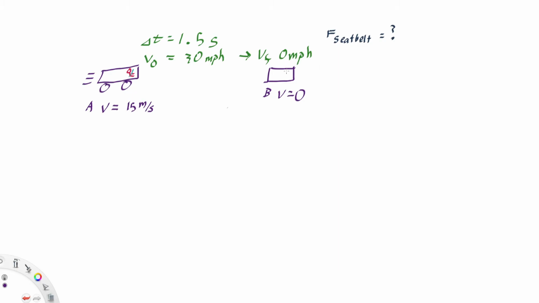Now, we could use kinematics and forces to solve this problem, just like for energy last week, we could use kinematics and forces to solve some of those simple ones. But we're going to use our new friend, impulse momentum.